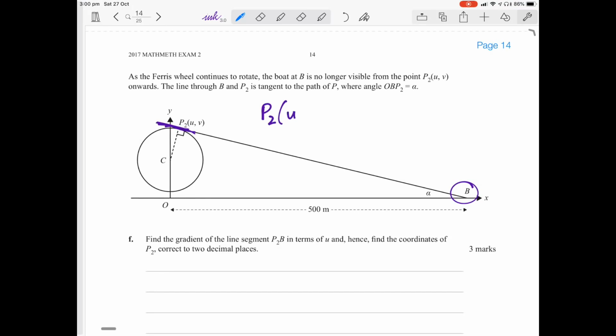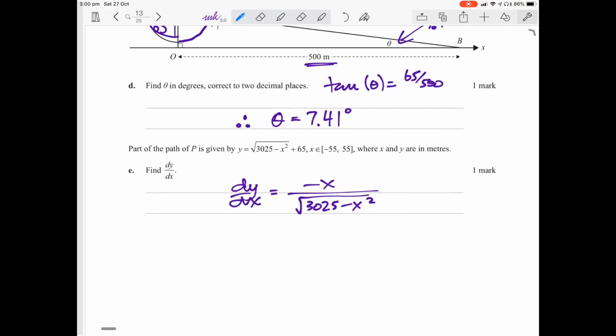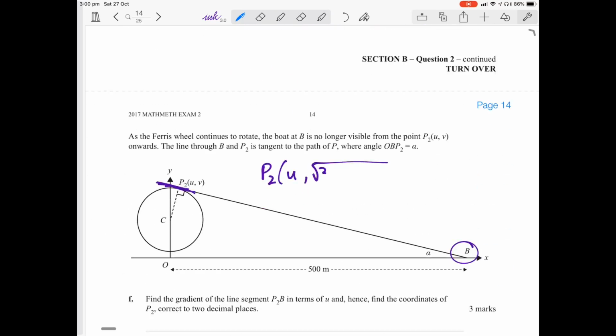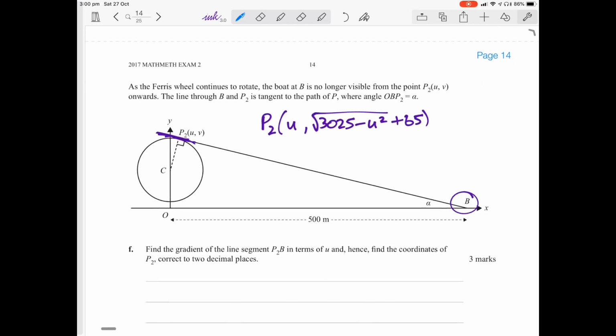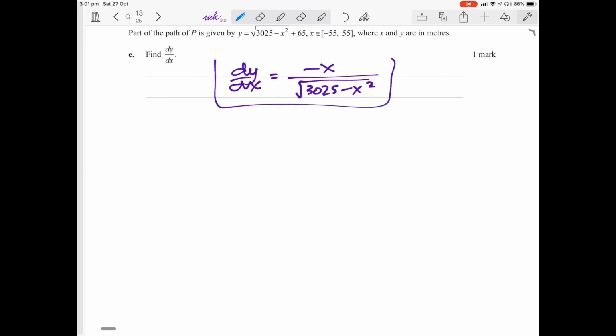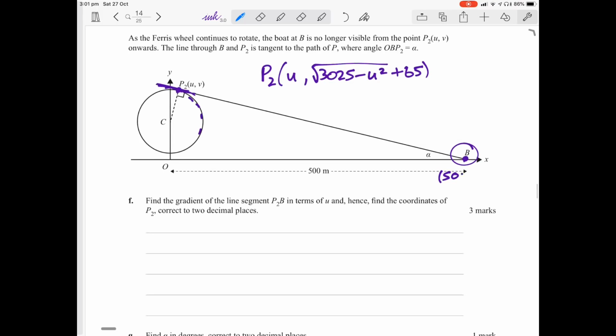I'm going to say that that's U, and my V value is root 3025 minus U squared plus 65. So that's that value because it lies on that circle, and when we sub U in, we're going to get that. So we know what the gradient is. And we've got that point, and it's got to go through that point, which is 500.